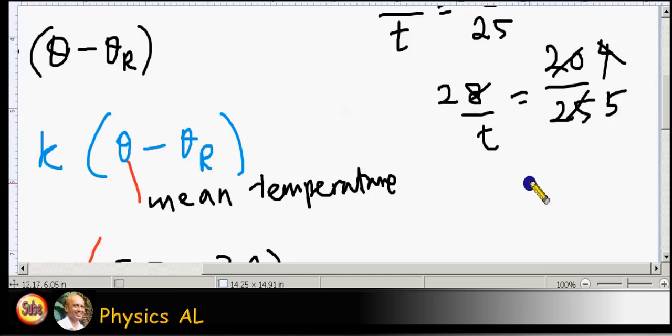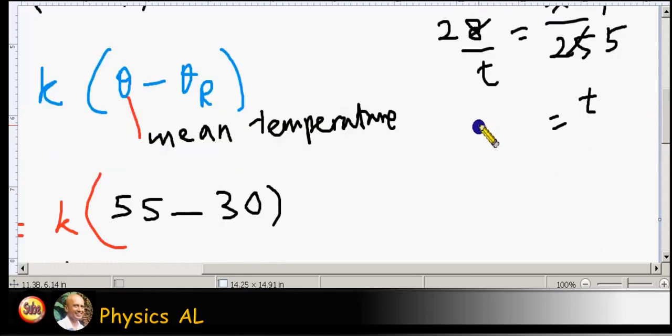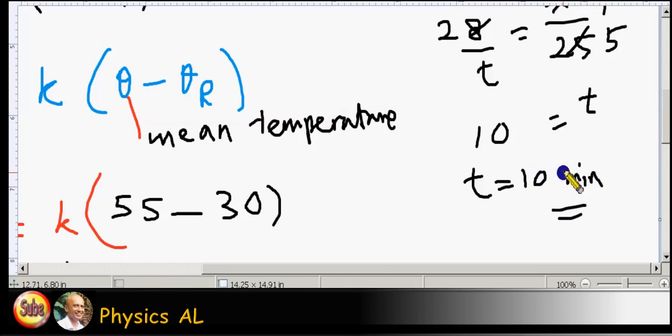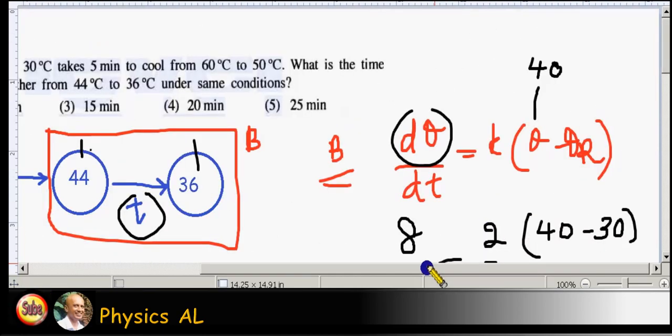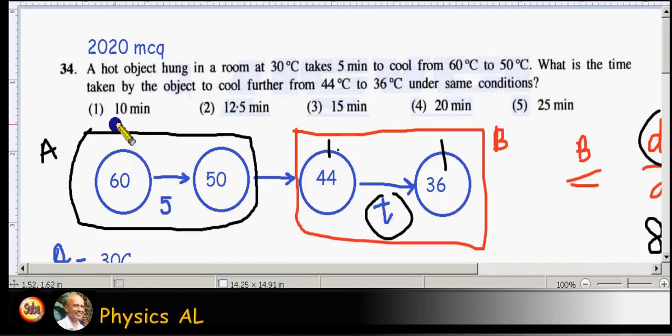Then t equals 5 times 2, then 10. t equals 10 minutes. That is the answer. That is the answer for this question number 34.